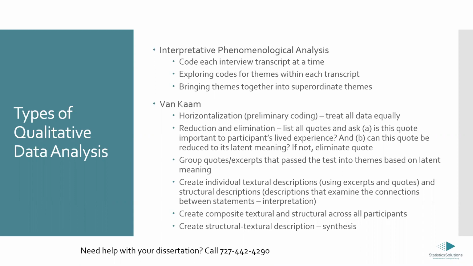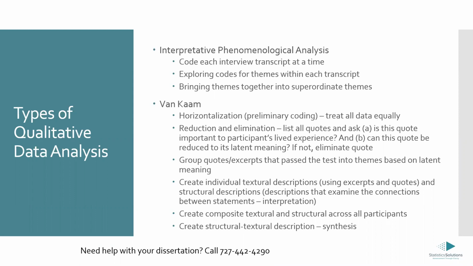So in the first step, we do what's called horizontalization, and that is the preliminary coding. So again, you read your data, you code or extract those sections of text, you assume that all data are equally important. You don't throw anything out at this point. So you do the preliminary coding, then you again interrogate that list of codes and you ask two questions.